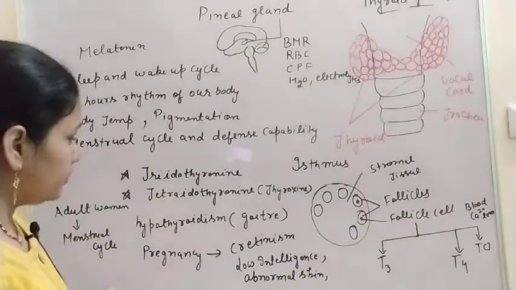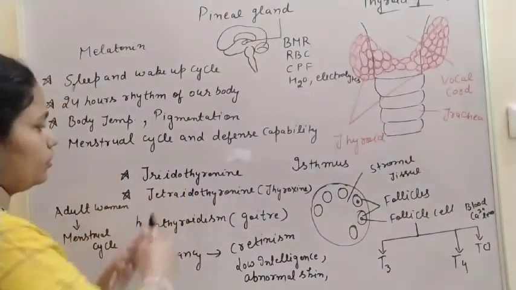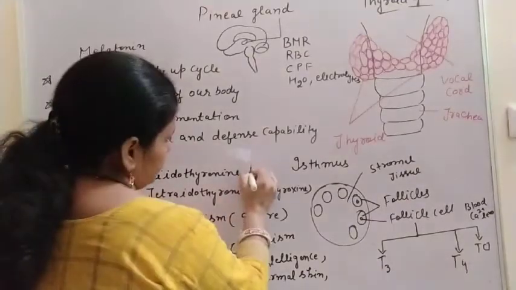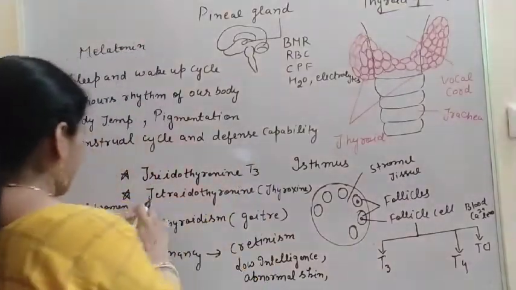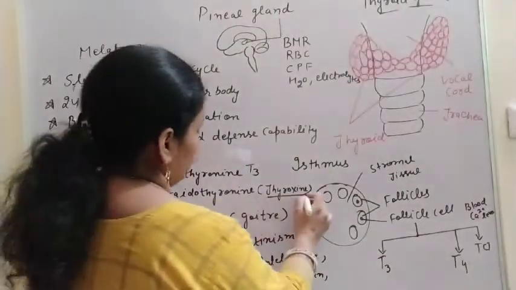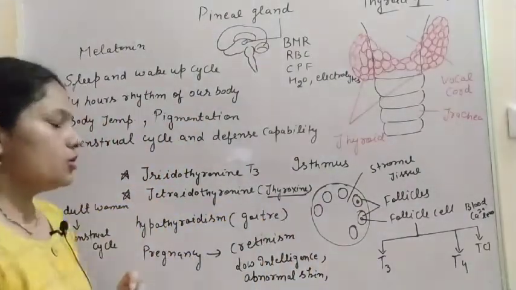After that, the main hormones: first, triiodothyronine, known as T3. Next is tetraiodothyronine, also known as thyroxine.